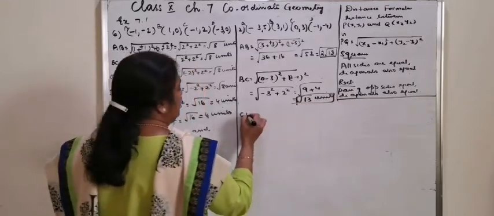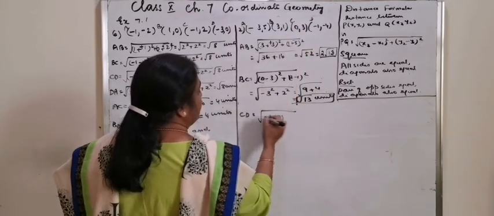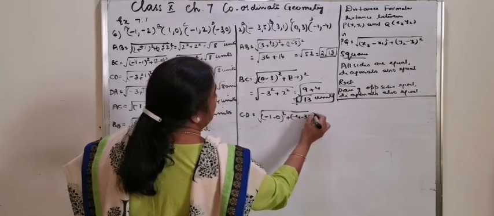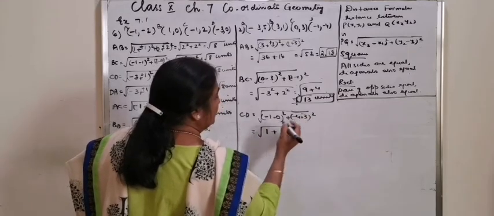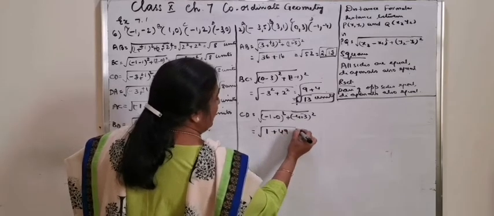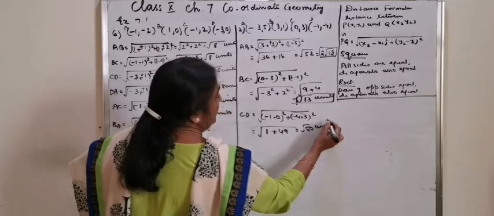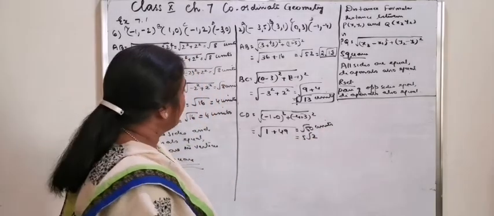9 plus 4, root 13 units. CD can be found out as the square root of (1 minus 0) the whole square plus (-4 minus 3) the whole square, 1 plus 49, root 50 units, which can also be written as 5 root 2.